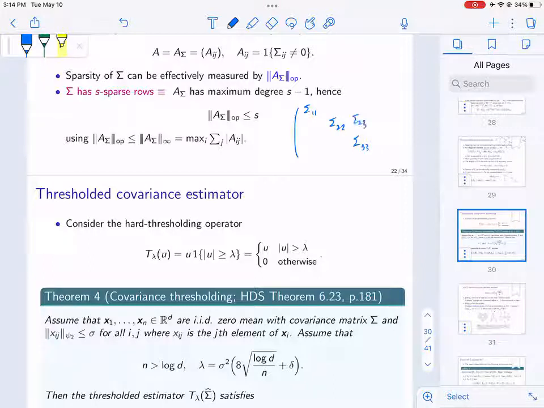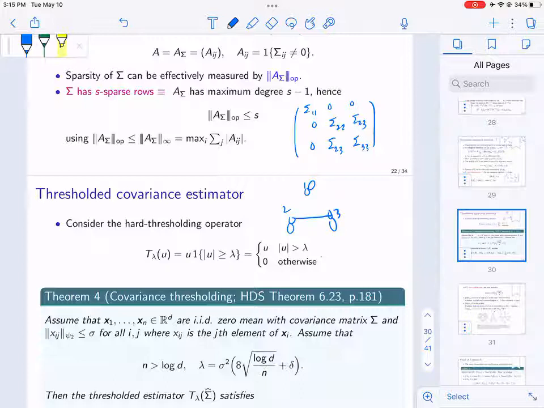And then the rest are zero. Every symmetric matrix can be thought of as the adjacency matrix of a graph. So I have 1, 2, 3 here. I'm going to put edges where sigma ij is non-zero. So you'd have these self loops. And then 2 is connected to 3, but for 1, 2 and 1, 3, the edge is not there.